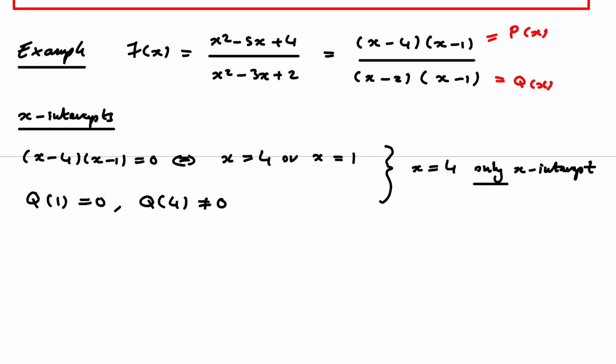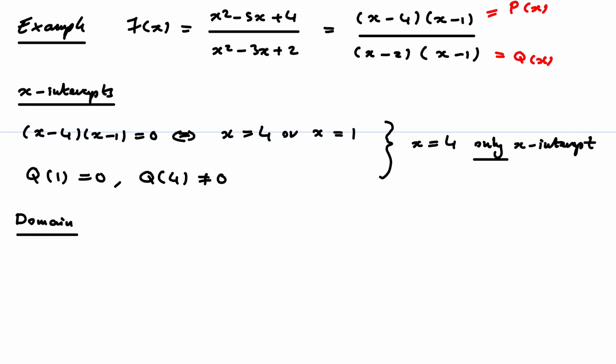Let's do domains. So then we need to look at the denominator being 0. So x minus 2 times x minus 1 is equal to 0. Clearly we've just seen part of this. This is if and only if x is equal to 1 or x is equal to 2. So I know what the domain is.